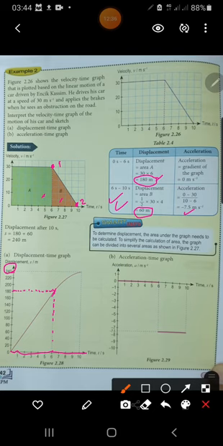So you mark here at 240, because after 180 you have to add 60. The next displacement is here. So the time taken is 10 second, here.